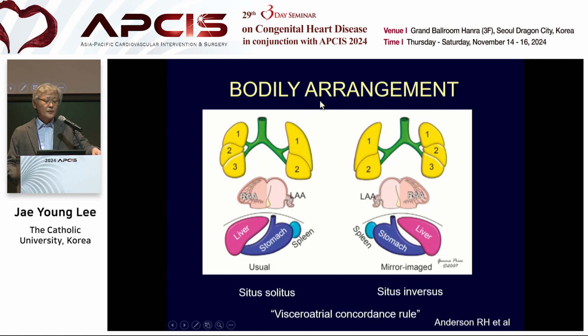And bodily arrangement. In this case, the usual arrangement is a three-lobed right lung with a short bronchus, and a two-lobed left lung with a long bronchus, with atrial arrangement and abdominal organs like this. This is the situs inversus mirror image. The left side has right lung morphology and the right side has left; it is just a mirror image. In these two cases, the visceral and atrial situs are concordant.